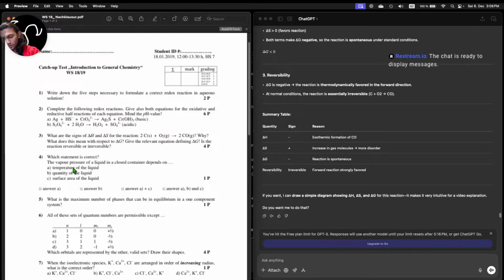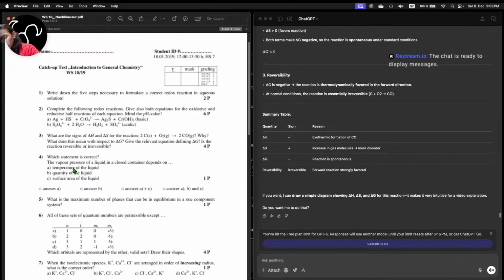So if I start with the next question: complete the following redox reaction, Ag plus HS minus plus CrO4 2 minus gives Ag2S plus Cr(OH)3, basic.